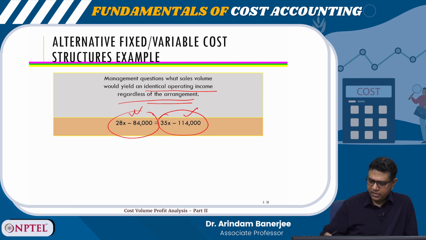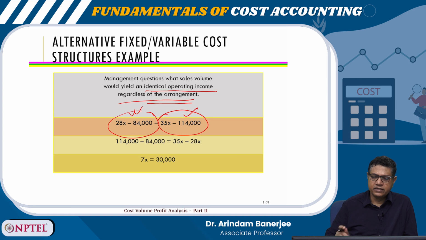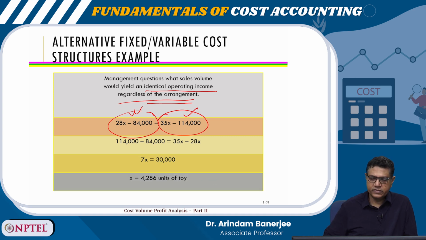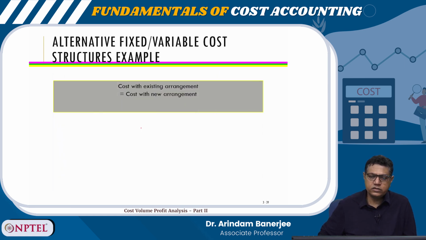If we equate, x comes to 4286 units. By solving this equation, I am getting 4286 units. So, at 4286 units, regardless of the arrangement, the operating income will be identical. So, cost with existing arrangement is equal to cost with new arrangement.